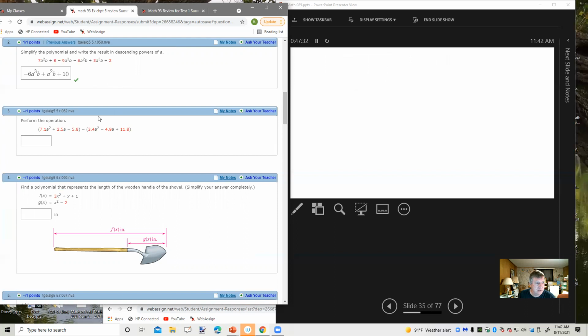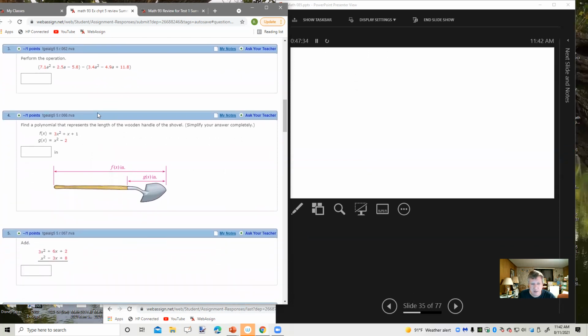Okay, let's take a look at problem number 3. Perform the operation. So we have 7.1a squared plus 2.5a minus 5.8 minus the quantity 3.4a squared minus 4.9a plus 11.8.